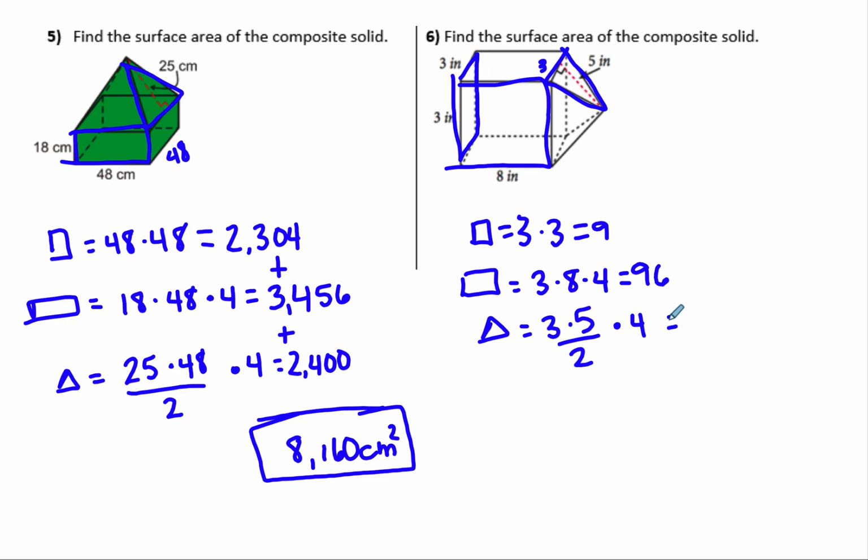So let's read, 3 times 5 divided by 2 times 4 gives me a total of 30. Last step is to add them together. 9 plus 96 plus 30 gives me a total of 135 inches squared.